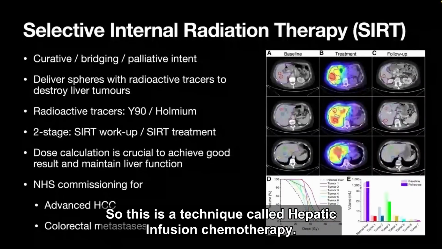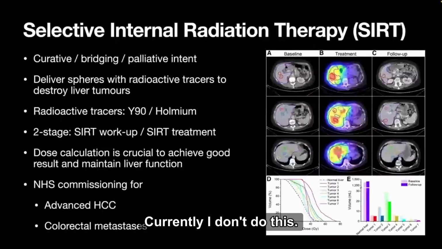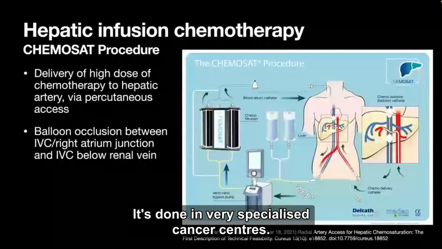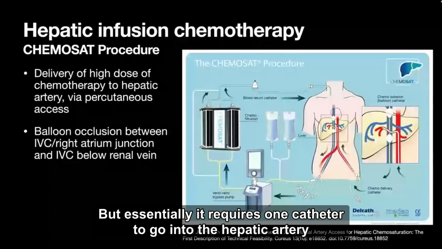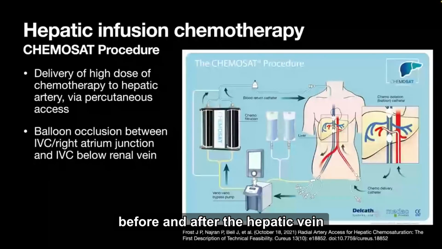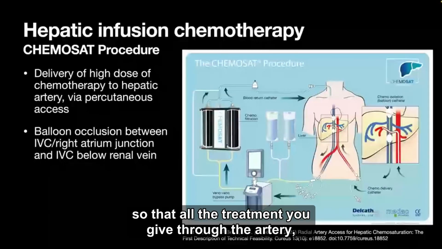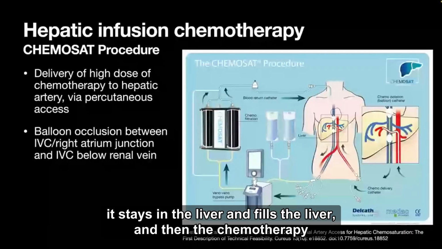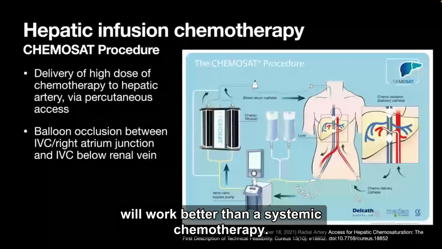This is a technique called hepatic infusion chemotherapy. Currently, I don't do this. It's done in very specialized cancer centers, but essentially it requires one catheter to go into the hepatic artery, and another catheter to block off the vein before and after the hepatic vein, so that all the treatment you give through the artery stays in the liver, infused, and then the chemotherapy will work better than a systemic chemotherapy.